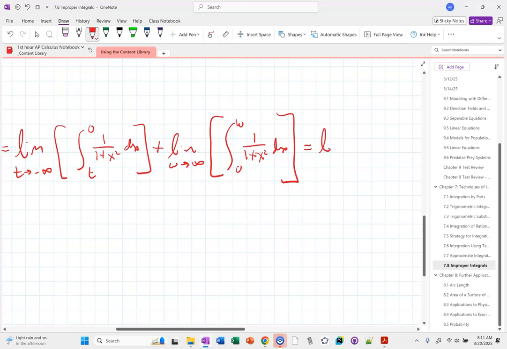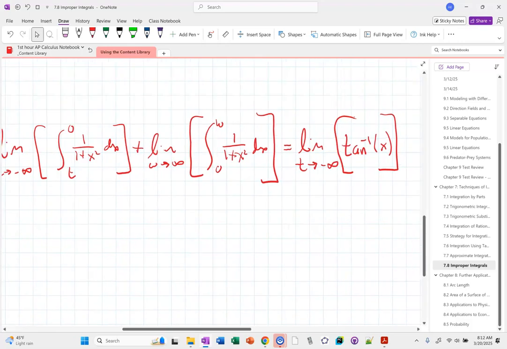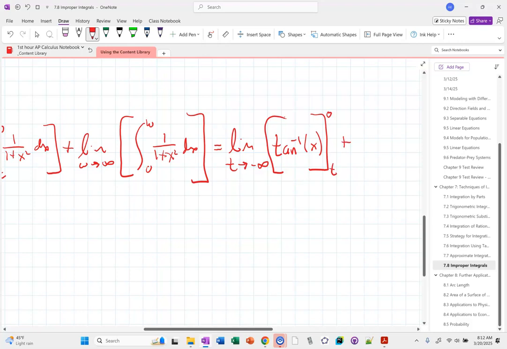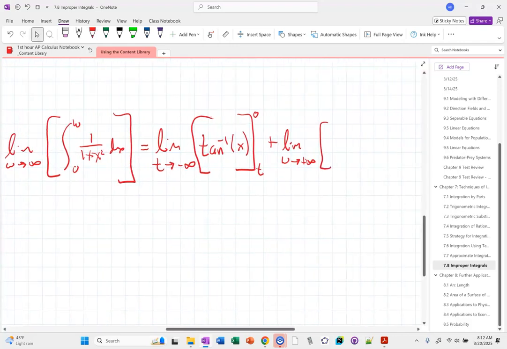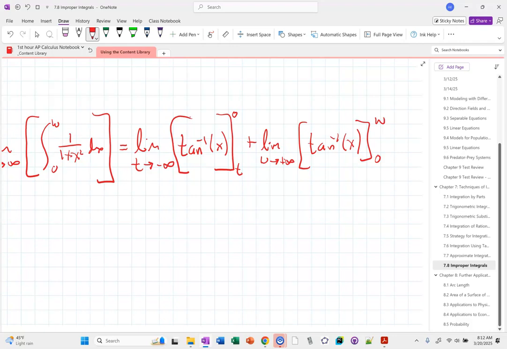So this is going to be the limit as t goes to -infinity of tangent inverse x evaluated from t to 0, plus the limit as w goes to positive infinity of tangent inverse x evaluated from 0 to w. Everybody still feeling okay?